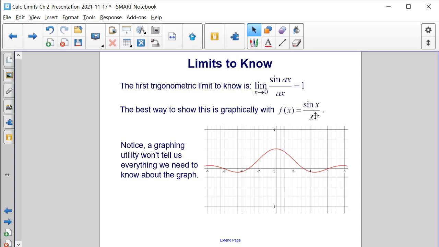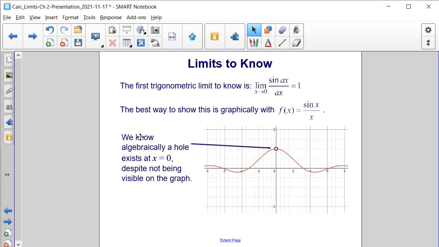So that doesn't exist here, and the graphing utility doesn't show us that. We know algebraically that a hole exists at x equals 0, despite not being visible in the graph. Because again, when you use direct substitution, you get the sine of 0, which is 0, divided by 0. You get a 0 over 0 indeterminate form.